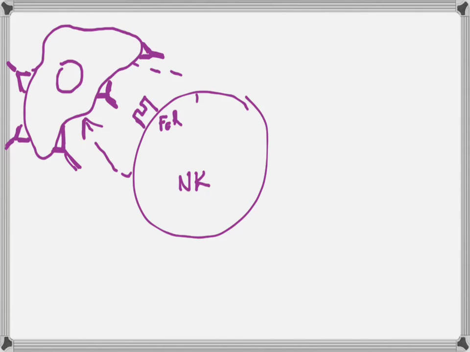This is another process that antibodies are involved in. I'm not asking you to memorize this word, but if you want to attach a term to it, antibody-dependent cellular cytotoxicity, ADCC.